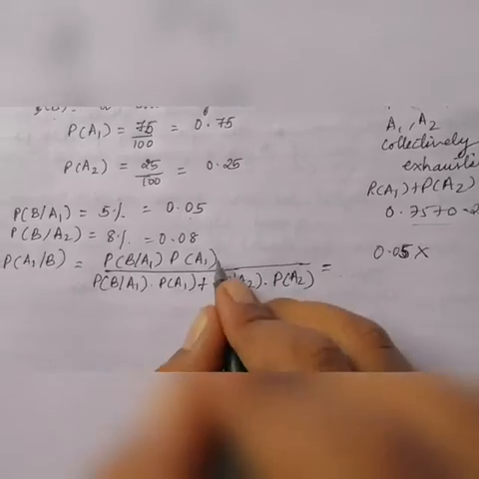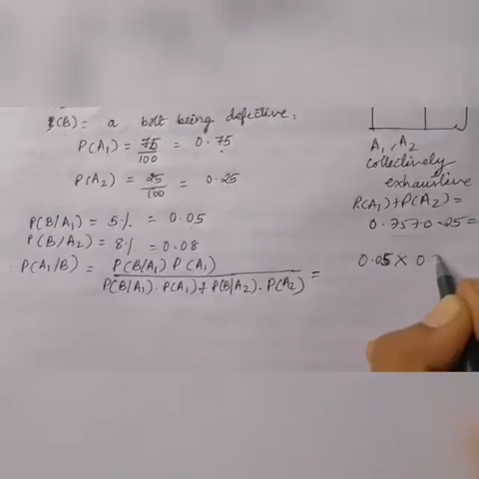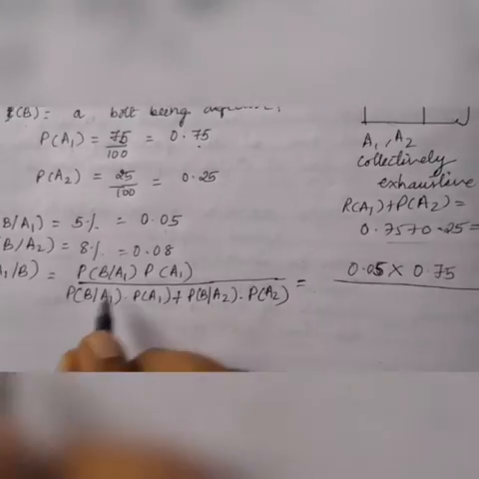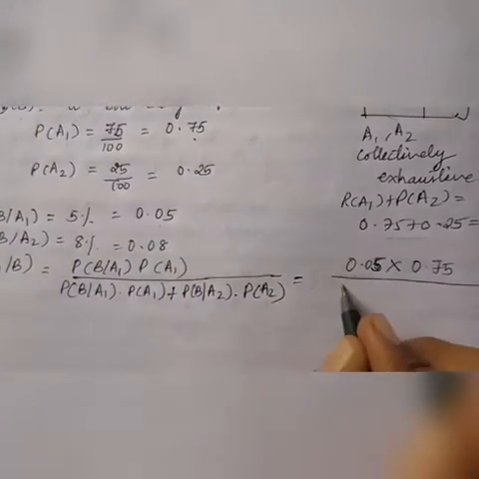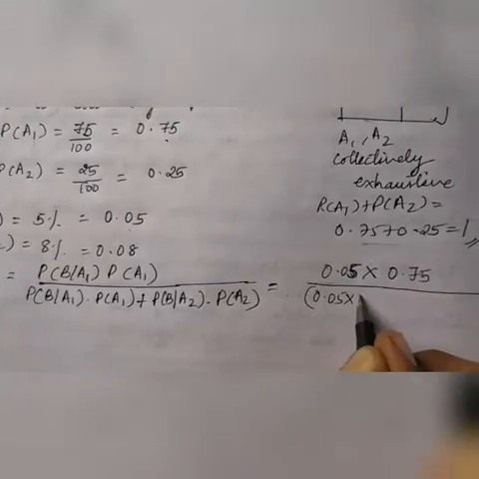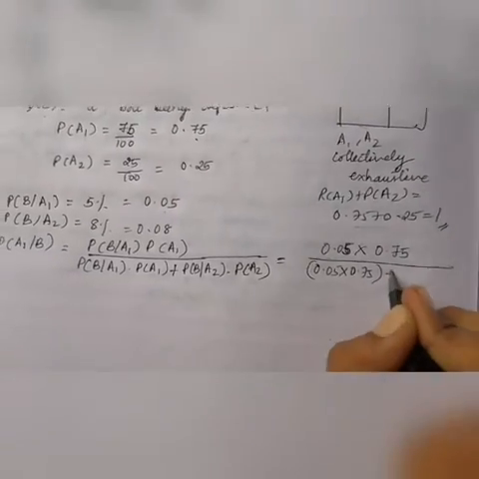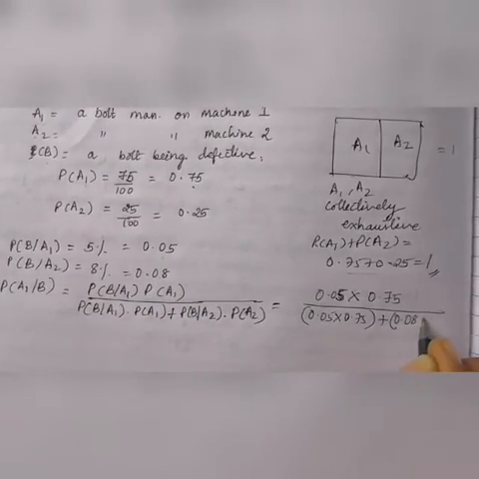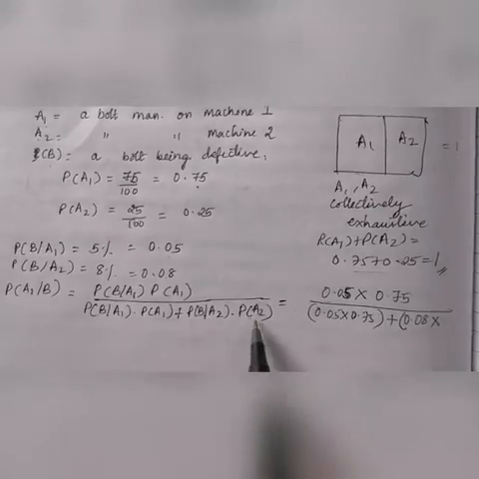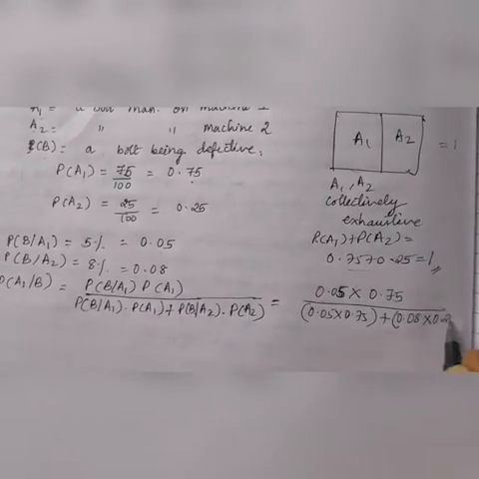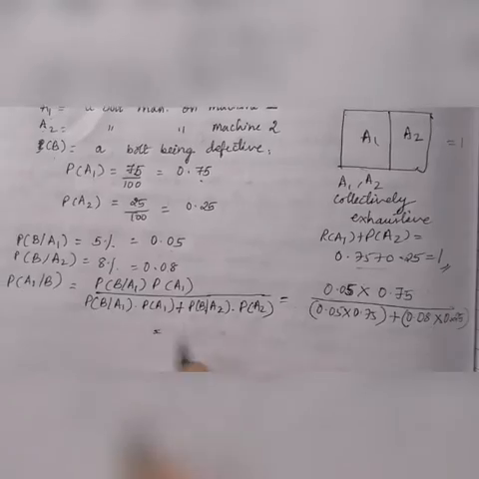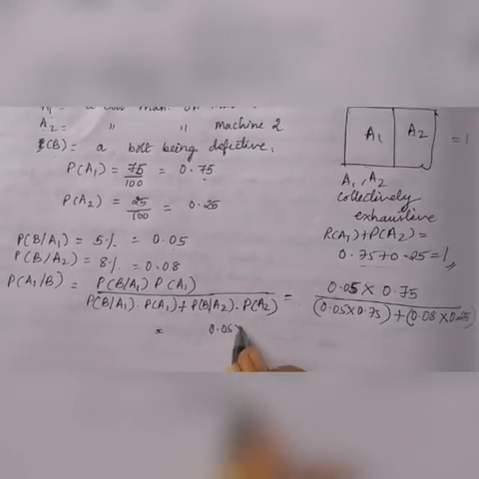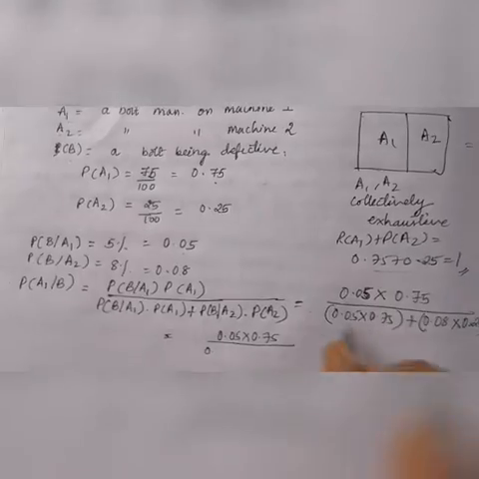So 0.05 into P of A1, which is 0.75, divided by 0.05 into 0.75 plus P of B given A2, which is 0.08, into P of A2, which is 0.25. Okay, I'll write the values directly.